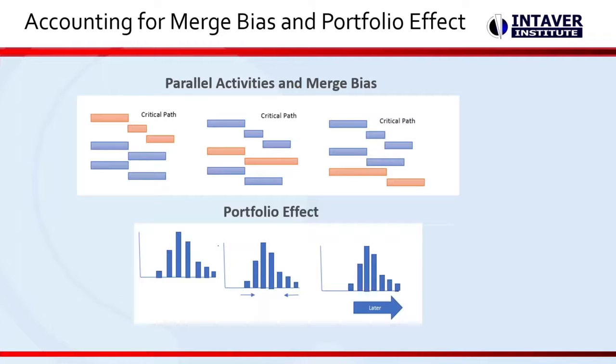This is a mathematical phenomenon, but it does occur. Between the two of these, the estimate is that they can add up to 20% to the duration of your project. And currently we don't have any other tools other than Monte Carlo simulation that will account for these two effects in your project schedule.